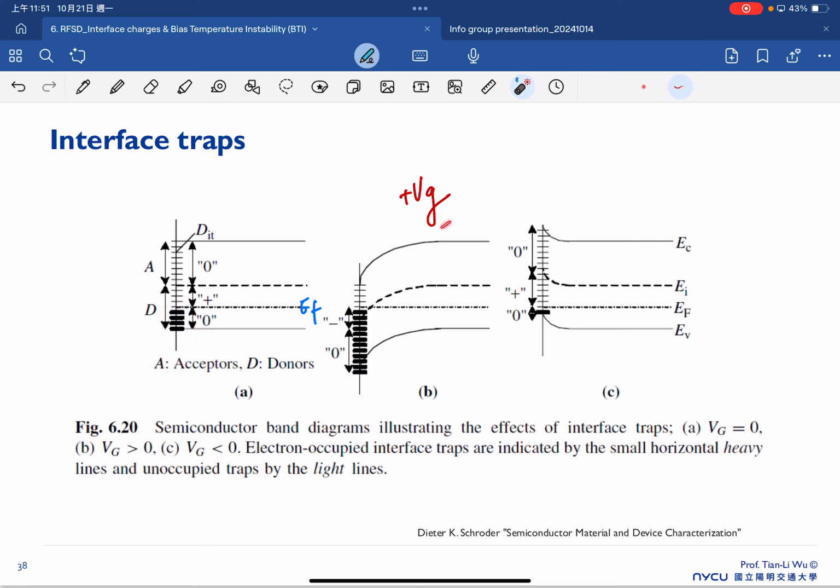And once we give a larger gate bias, EF is still here. This is our Fermi energy. But now more interface states are being trapped by electrons. So this is the trapping.